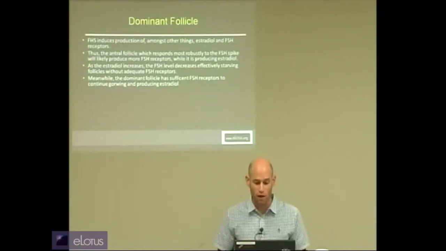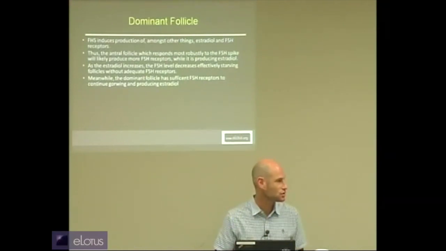So the antral follicle, which responds most robustly to the FSH, will then produce more FSH receptors while it's producing estrogen. Then what happens is, as that estrogen increases, that estrogen travels up to the brain and gets the brain to start making less FSH.